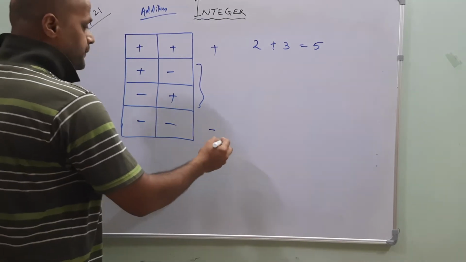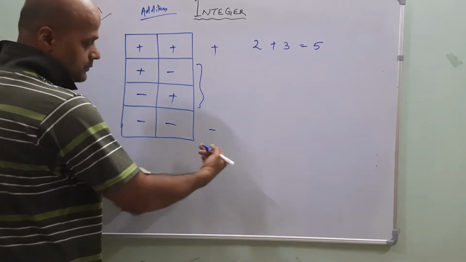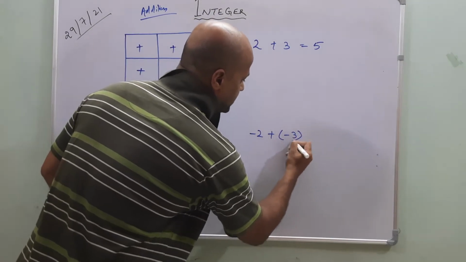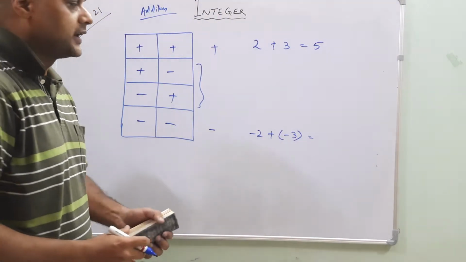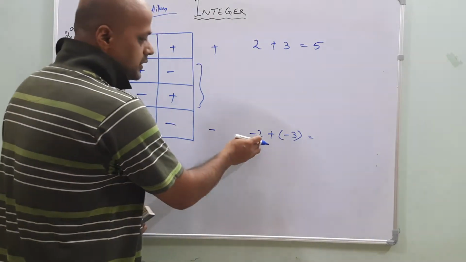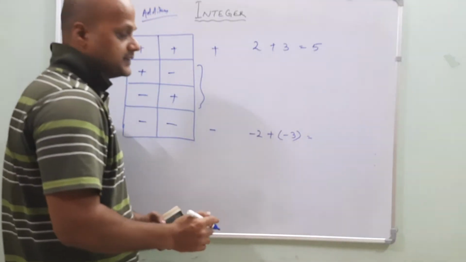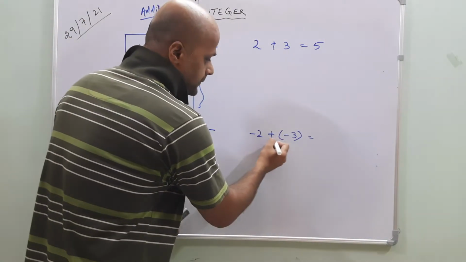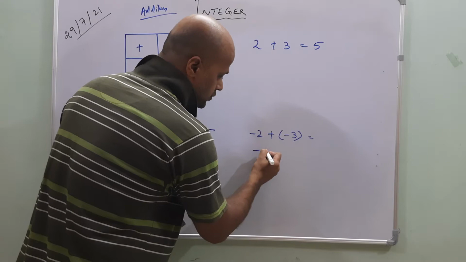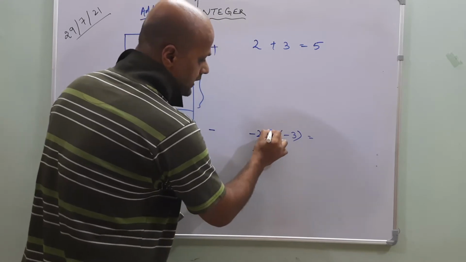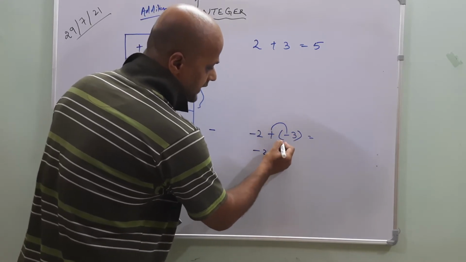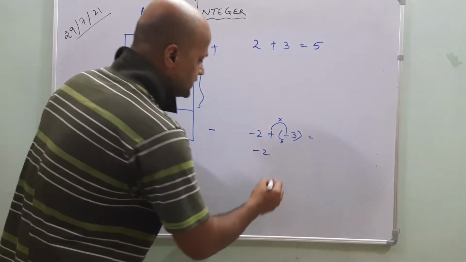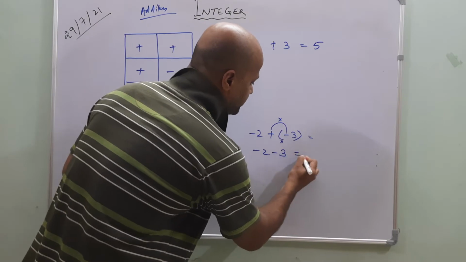For the second example, let's take minus 2 plus minus 3. What will happen here? Here both integers have negative signs. So in this case, what do we have to do? Here we have minus 2, but plus minus is also there. If a bracket is there, then they are multiplied with each other: plus into minus is equal to minus 3.